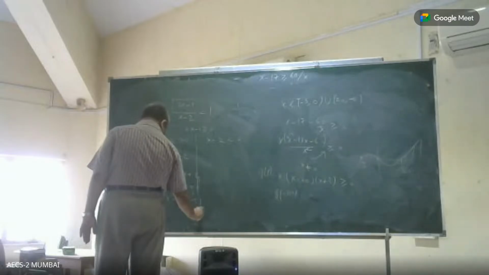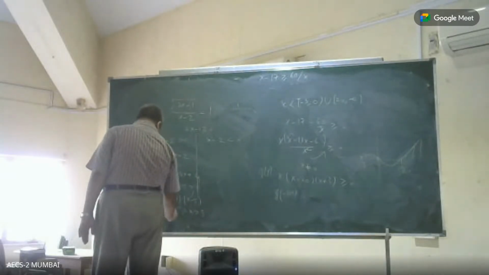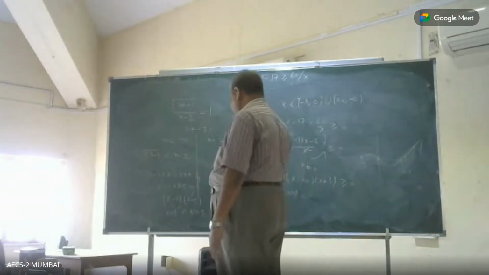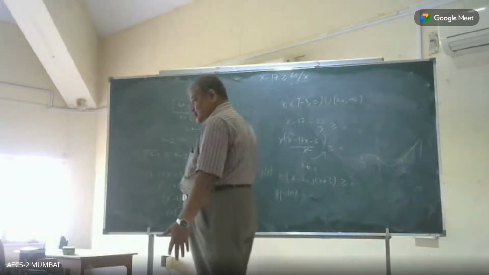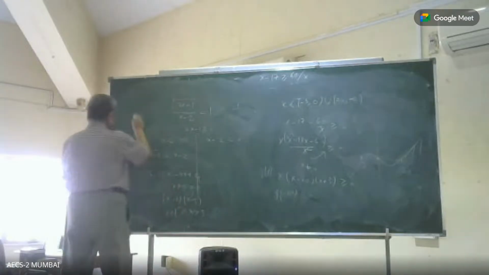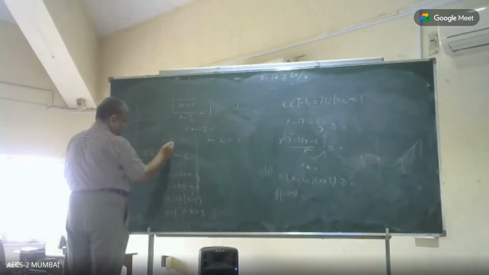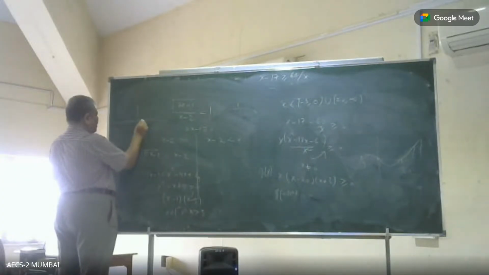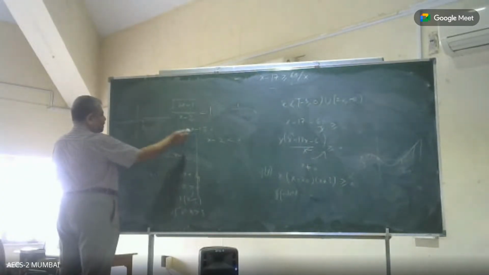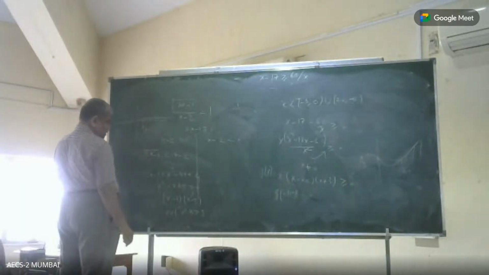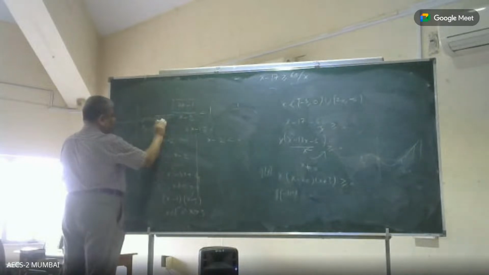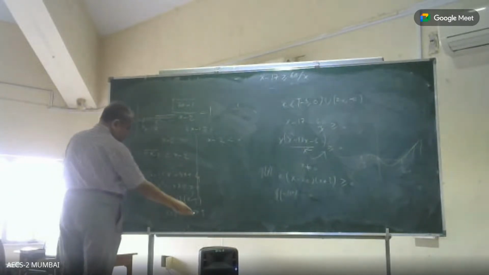So x is greater than 5 or x is less than 1. Correct? Now, what is your solution? The solution is the overlap of these three. What is the overlap? This is half. X is greater than 2. And what is this? X is greater than 5.